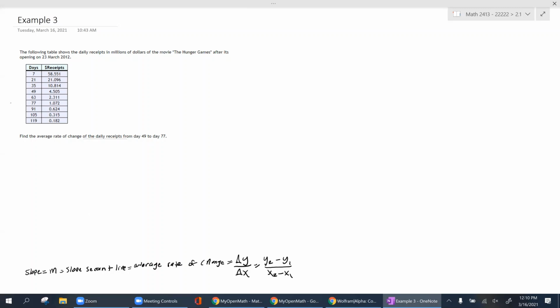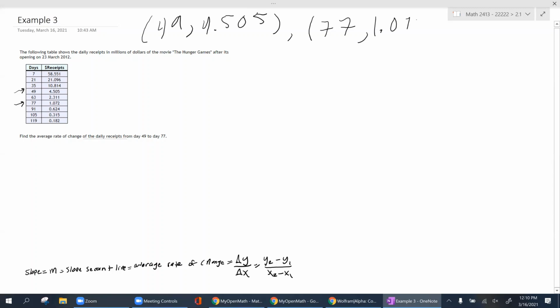So let's see here. Where are they at? 49, and then 77. In terms of a point, on day 49, the receipts in millions was 4.505. For day 77, that was 1.072. So again, they're asking here to find the average rate of change between those 2 days. We already know what average rate of change is.